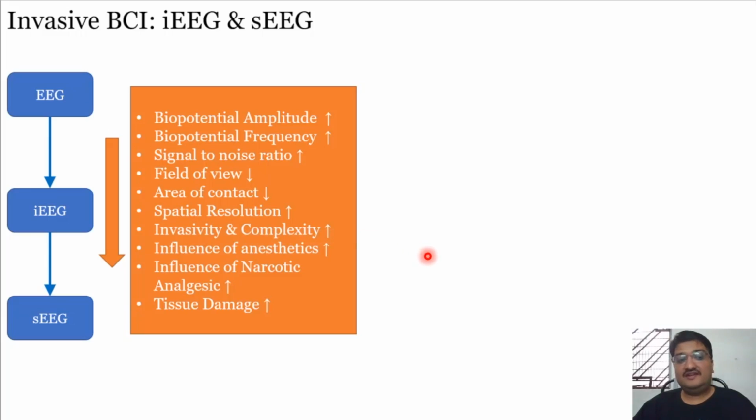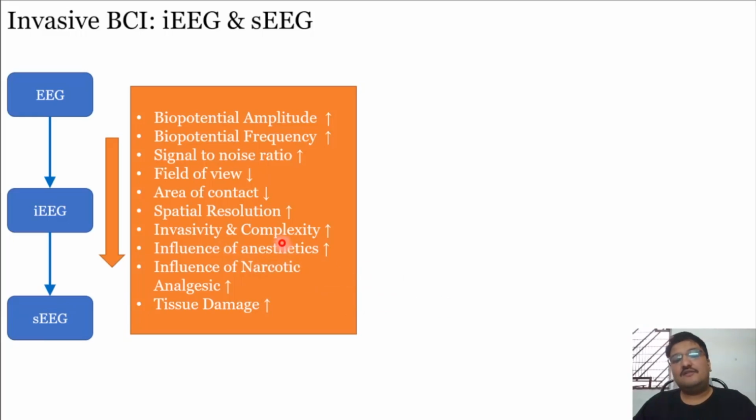One more thing is that for IEG and SEEG, you are opening a skull, so you need to provide some anesthesia. So now the influence of anesthetics, or pain removal drugs, that is narcotic analgesics, will be higher when you go from EEG to SEEG. Your scalp EEG also will vary when you apply any anesthetics.